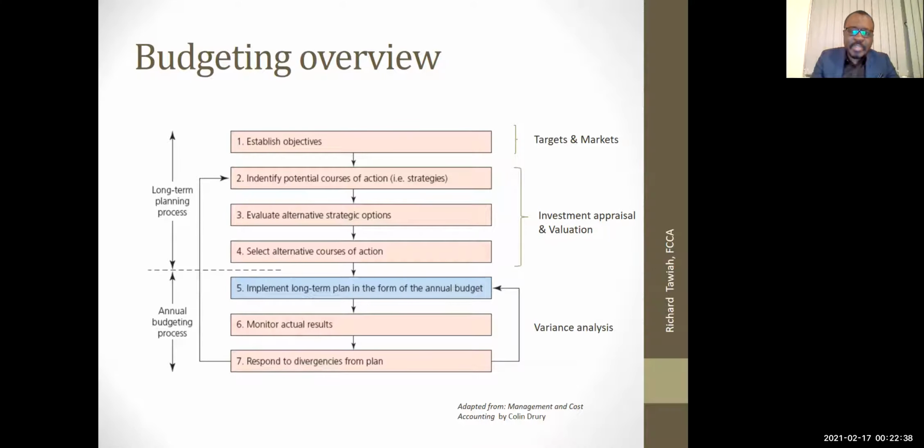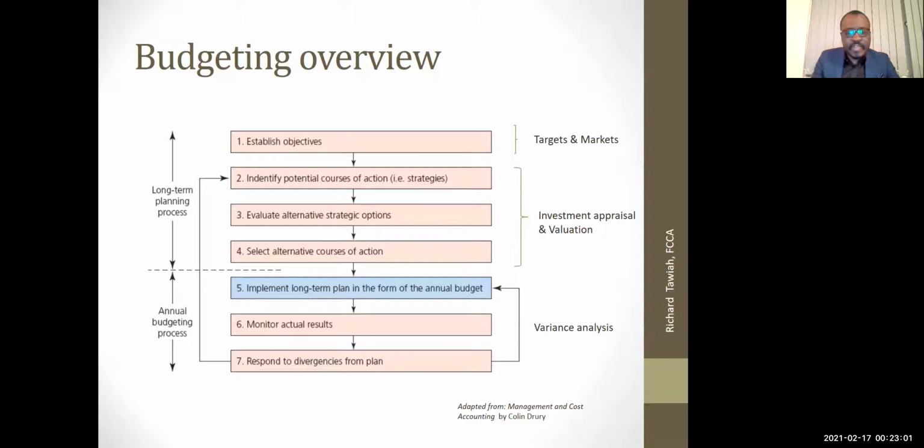Then the annual budgeting process continues from that angle, where after you've settled on alternative courses of action, you then end up implementing these long-term budgets in the form of short and controllable time scales, in the form of annual budgets, okay? And then we consider the actual against the budgeted figures.